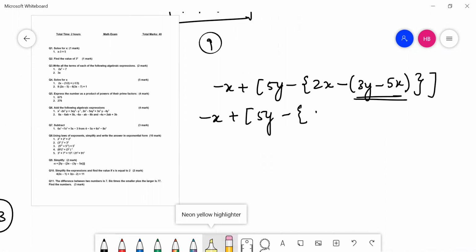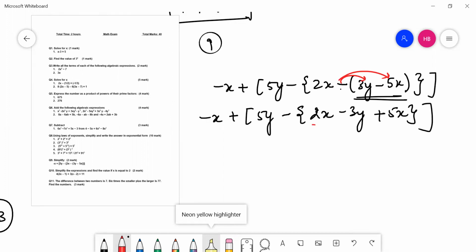So this is curly braces. Innermost bracket: 2x, now this minus will get multiplied to all the terms inside. So minus into 3y gives minus 3y, and minus into minus gives plus 5x. Now I have to open this bracket. This minus will get multiplied to all the terms.